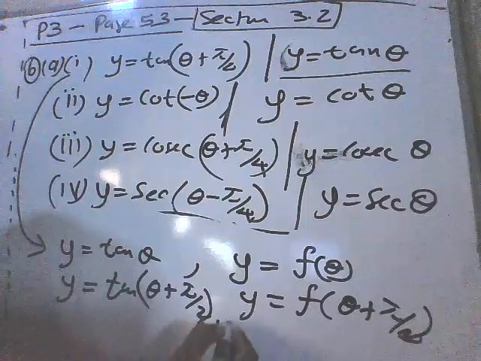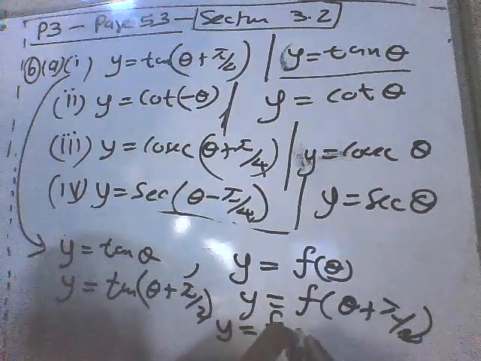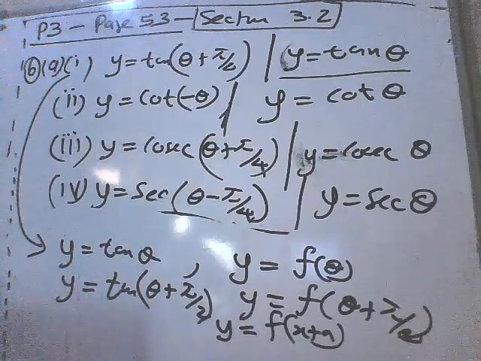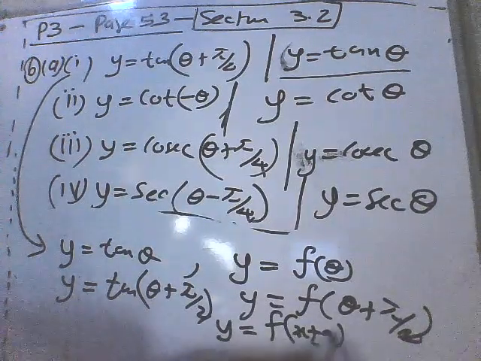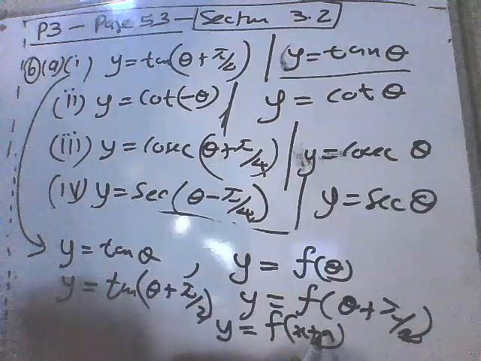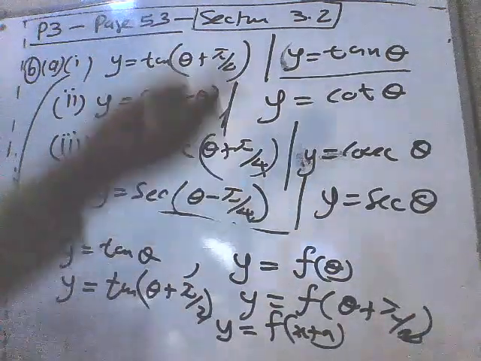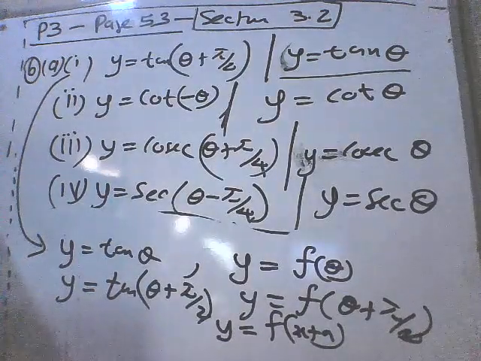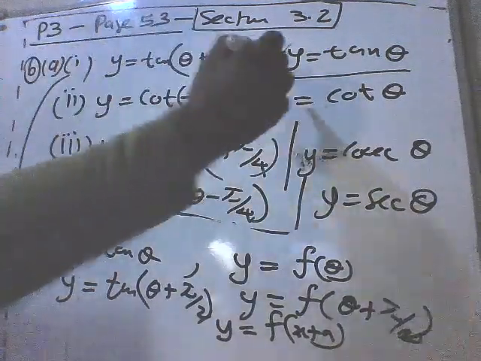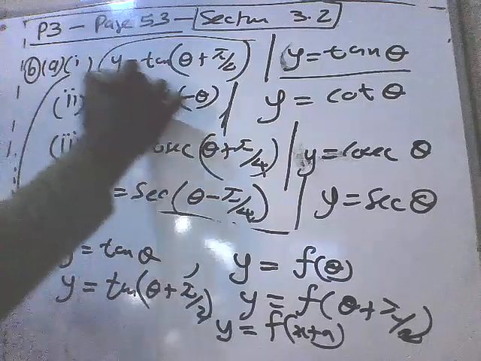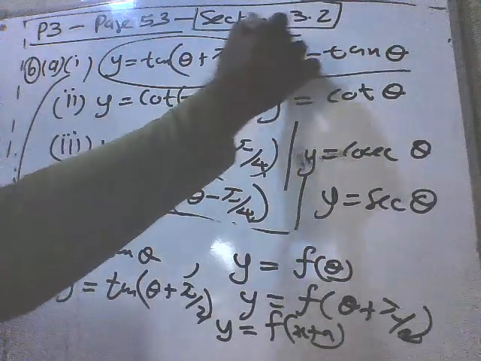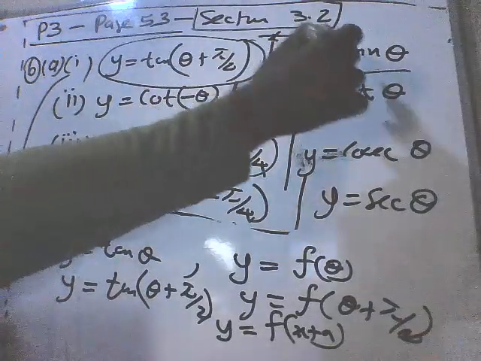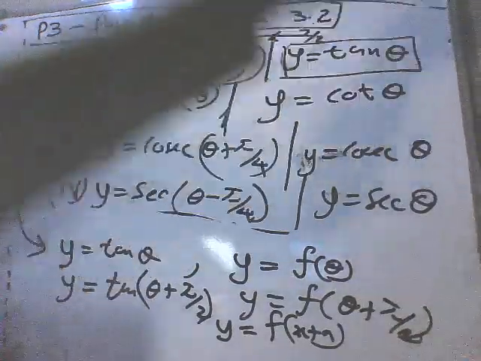This is the transformation of y equals f(x plus a). Instead of x we have put x plus a, so it has shifted left. So the relationship is that y equals tan of theta plus pi over 2 is shifted left by pi over 2 compared with this equation.